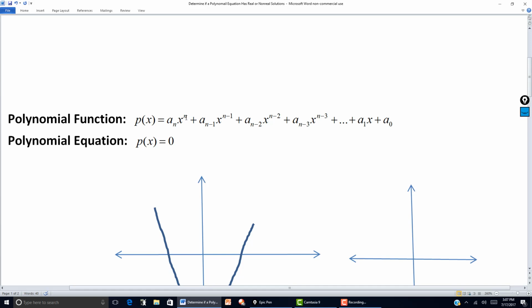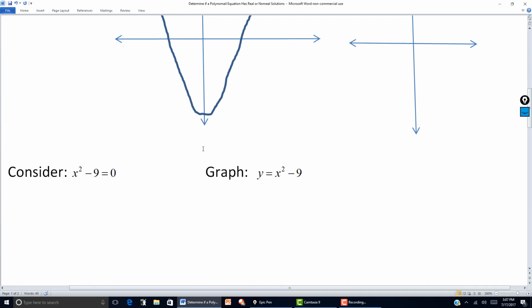They could be repeated zeros, but at most you would have n. In this particular case, y equals x squared minus 9 is second degree, so you would expect to have at most 2 distinct zeros.